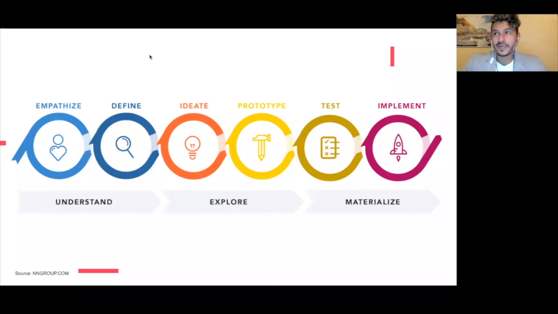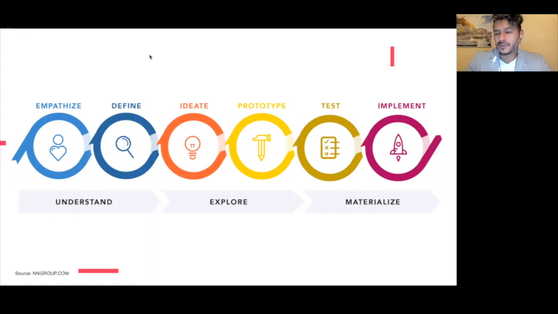The fourth one is prototype, so building versions of those ideas, pretty low fidelity versions, so you can later test those ideas with your potential customers. And after you get some feedback from the market, you can implement some of those ideas, okay? So those are the 6 most common steps used in design thinking.